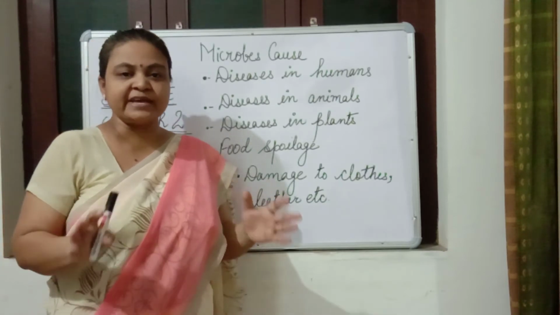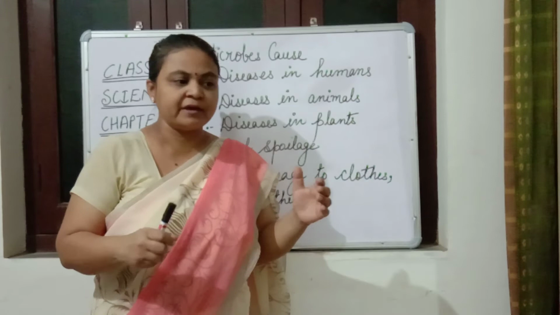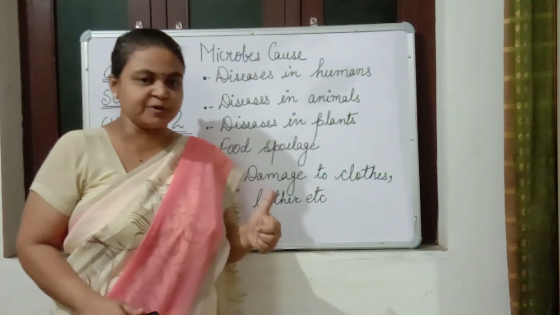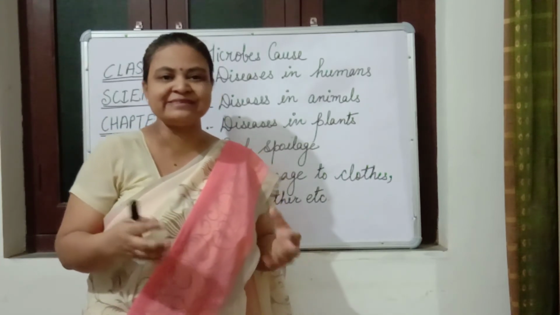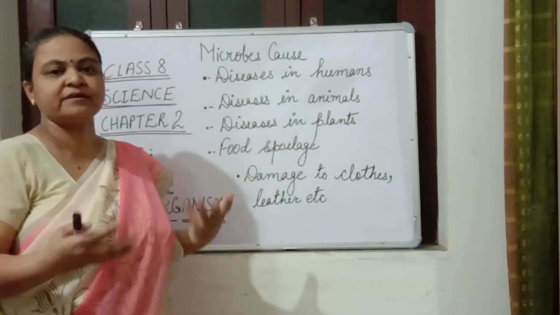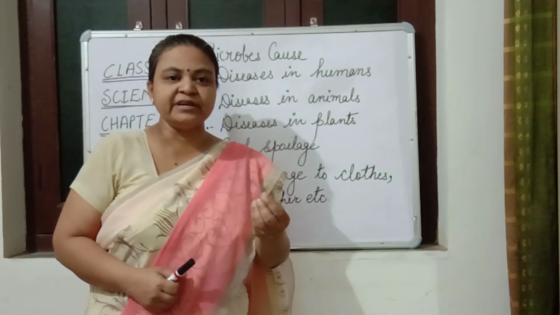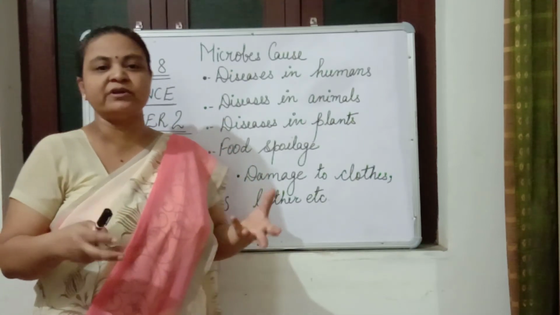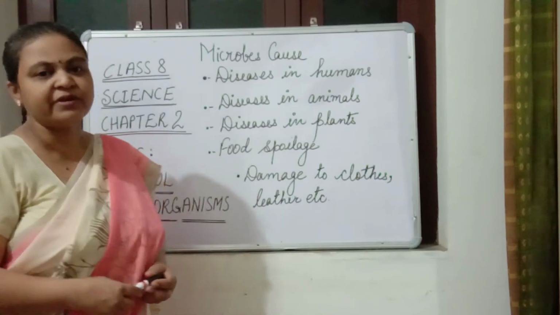There are some signs of spoiled food. You can identify whether the food has been spoiled or not. One is because of the smell. Then if some liquid is there, you'll see bubbles, some gaseous substance coming out from it. And if it is solid, by the touch we can feel it becomes slimy, or some cottony or white colored substance is deposited on it.